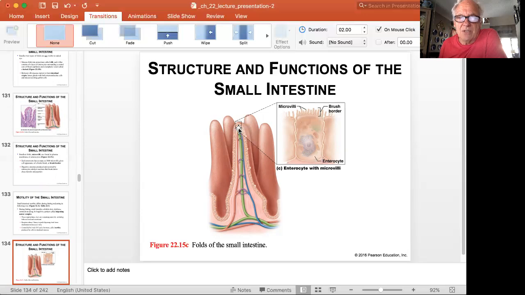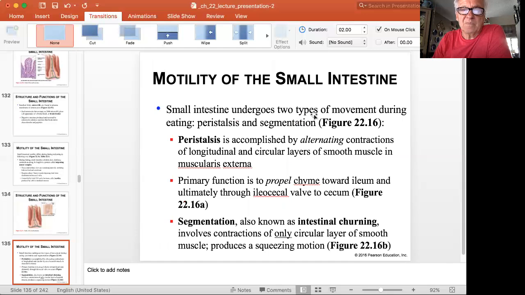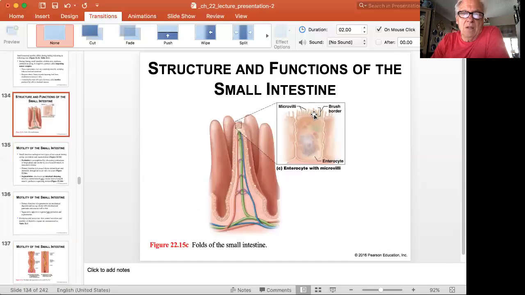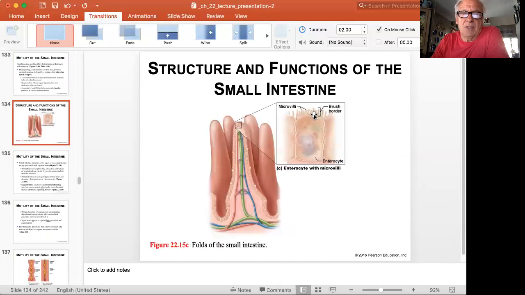So each cell is an enterocyte. This is the mucosa folding over to form the villi. Each enterocyte has brush borders with microvilli. Now, this is going to increase the surface area.